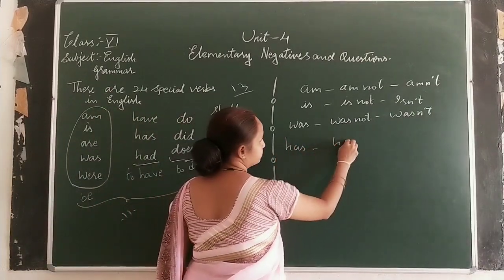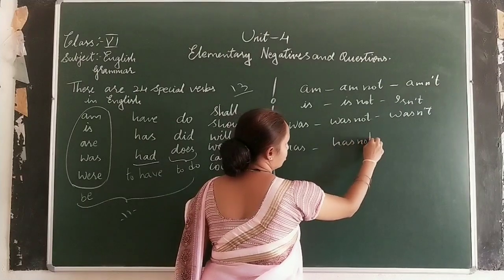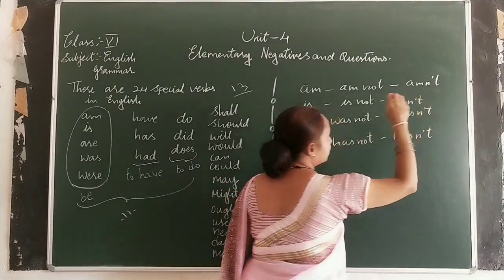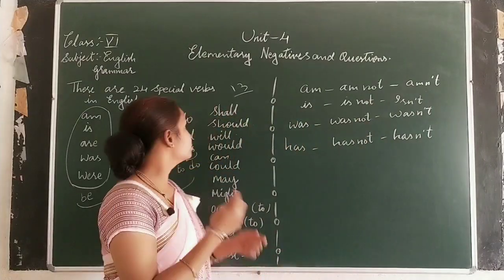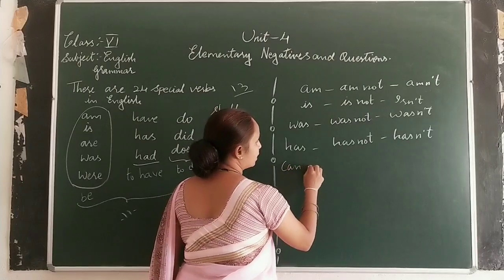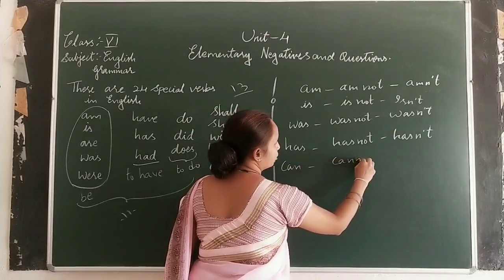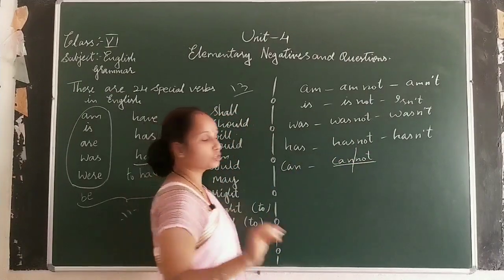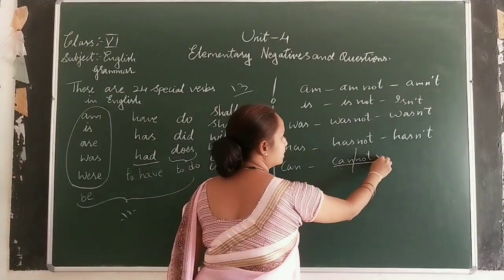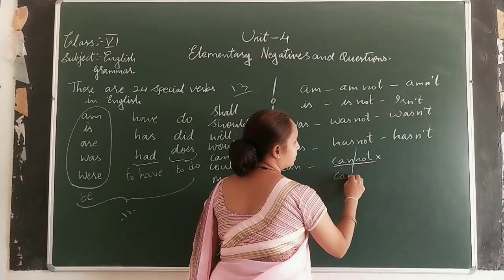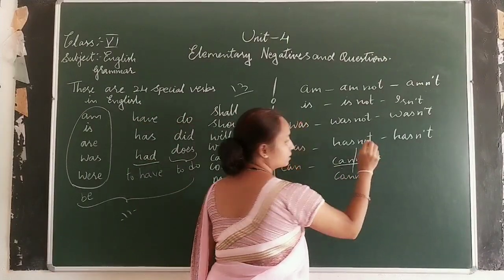Hasn't, has not, hasn't. Like this. Whereas when you come to can, always you should write cannot. You should not split this word. If you split this, it becomes wrong. Always you should write it combined, cannot.